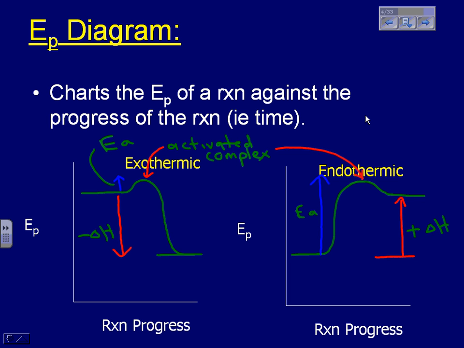If I have a forward reaction that is exothermic, and I then look at the reverse reaction that is endothermic, you can see there is definitely a mathematical relationship between the delta H, the activation energy for the forward reaction, and the activation energy for the reverse reaction.